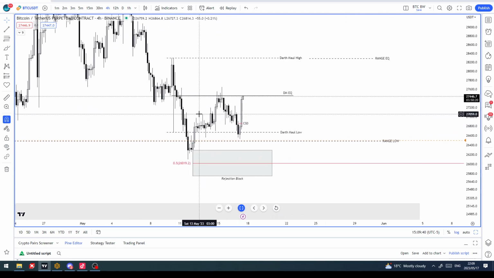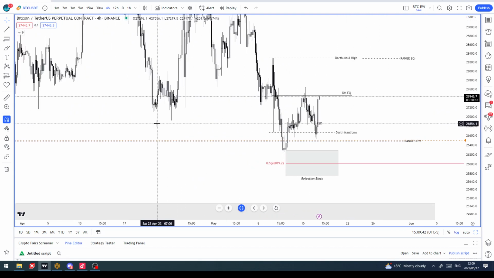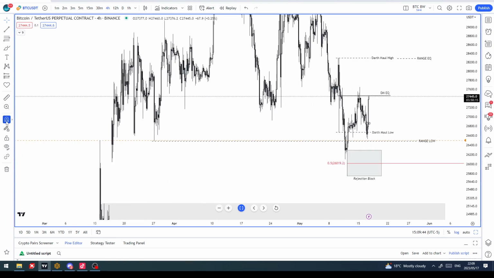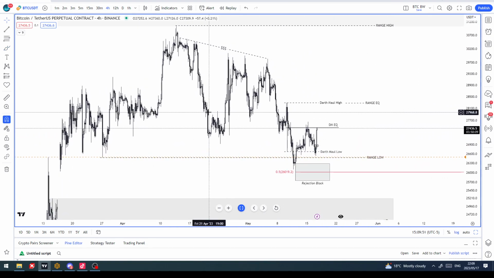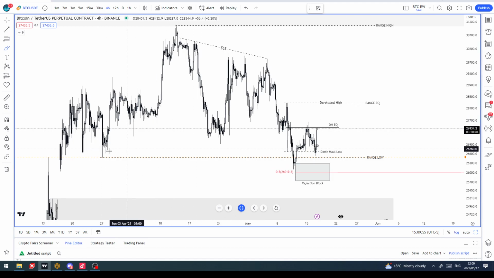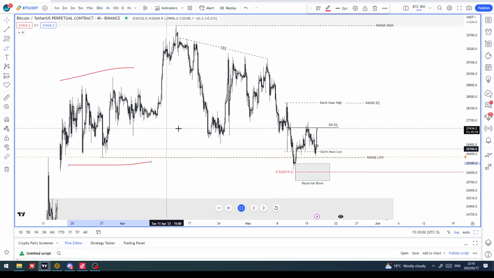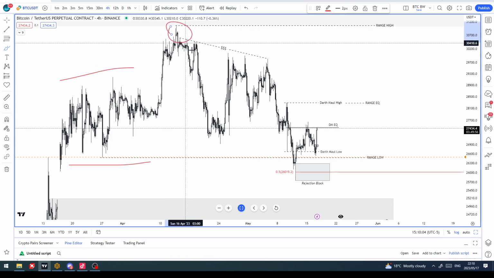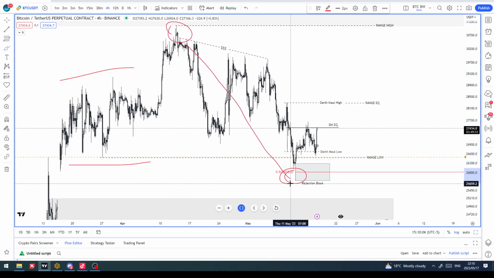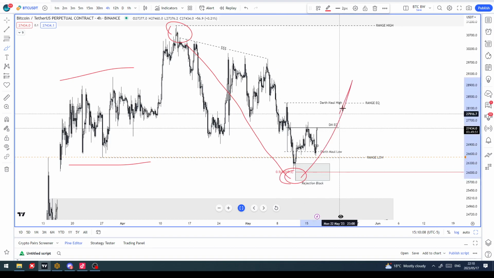The other day, when last did we speak? Last we spoke, there was no expectation of this getting taken, but what it has done, and if you can see it, that being taken has solidified the idea that we took buy side here and we took sell side here, making this high to this low the dealing range, and any retracements in here, there's 50% of the range.